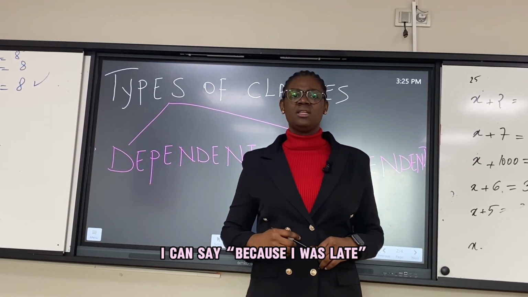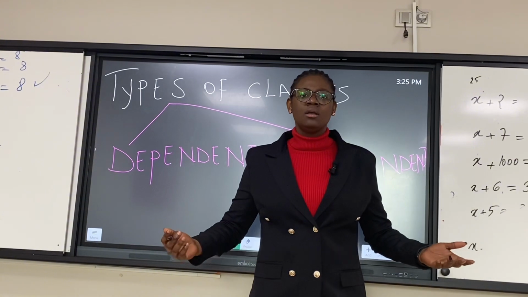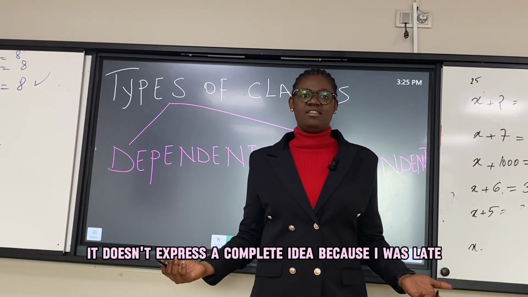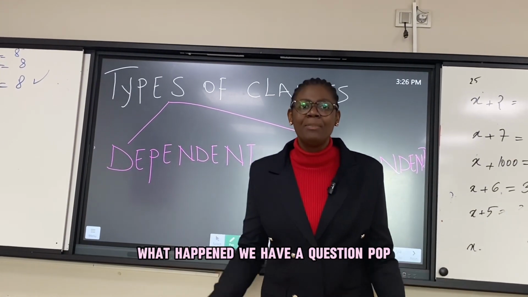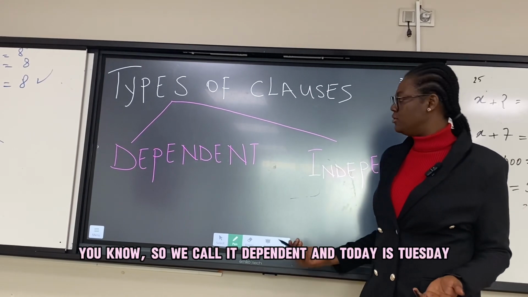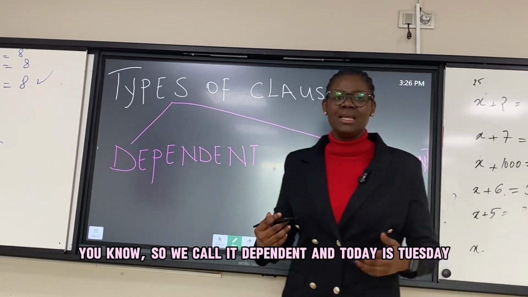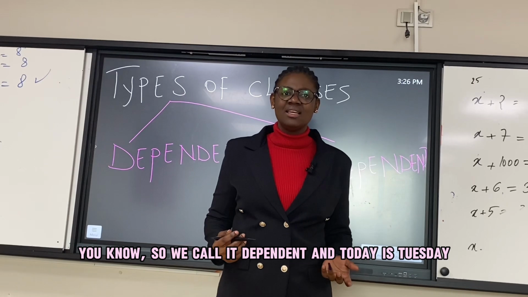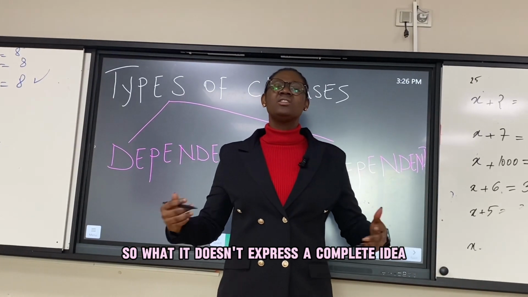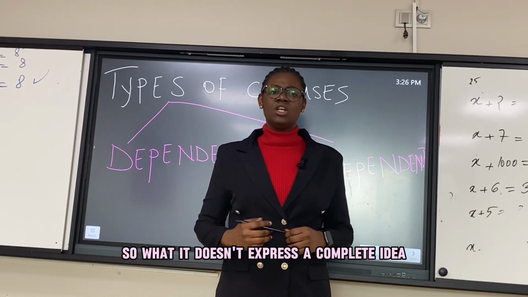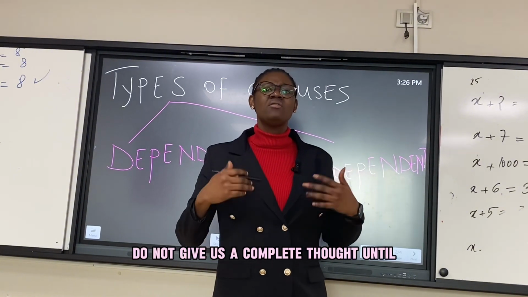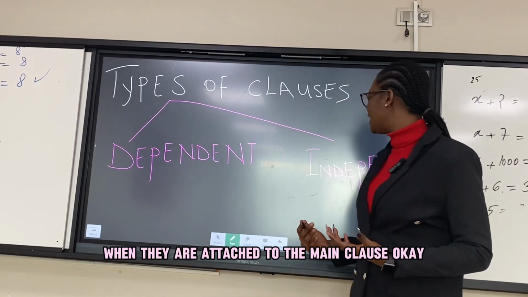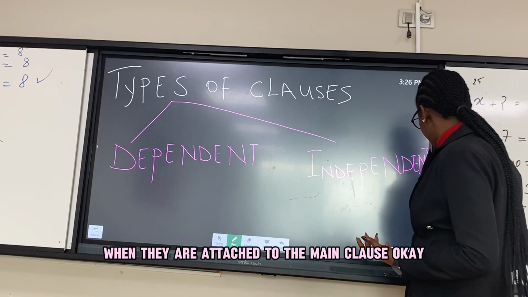For example, I can say, "Because I was late." It doesn't express a complete idea. Because I was late, what happened? We have a question pop up, so we call it dependent. And "today is Tuesday." So what? It doesn't express a complete idea. So dependent clauses do not give us a complete thought until they are attached to the main clause.